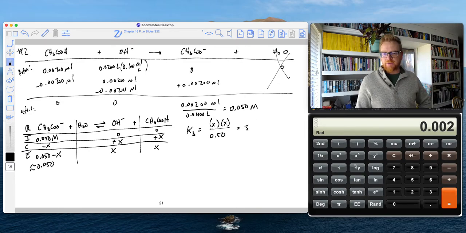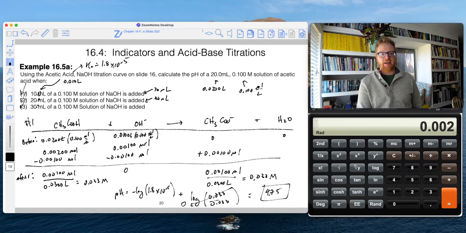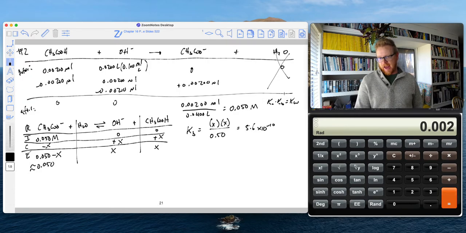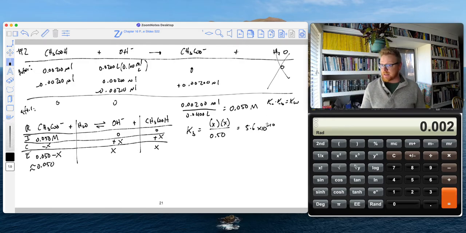It's 5.6 times 10 to the minus 10. And I got that Kb from the relationship Ka times Kb equals Kw. So I knew the Ka of acetic acid was given right here. And I'm not showing that work right now, but I can rearrange and say Kb equals Kw divided by Ka. And I get that the Kb is 5.6 times 10 to the minus 10.